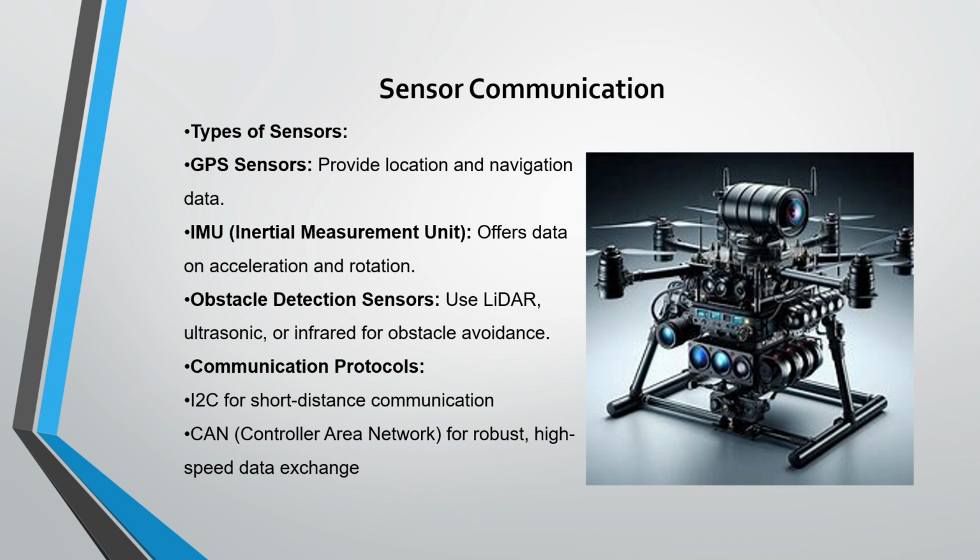The GPS sensor, as we know, provides location and navigation data, and the IMU, inertial measurement unit, offers data for acceleration and rotation. It basically provides the command to click the trigger.